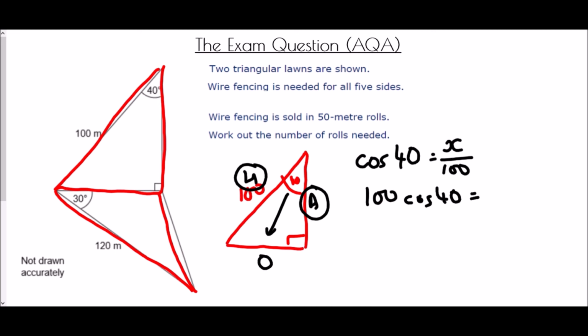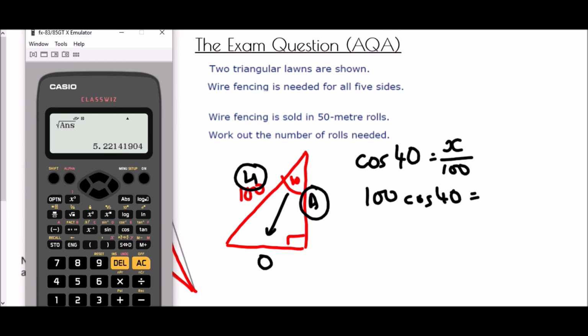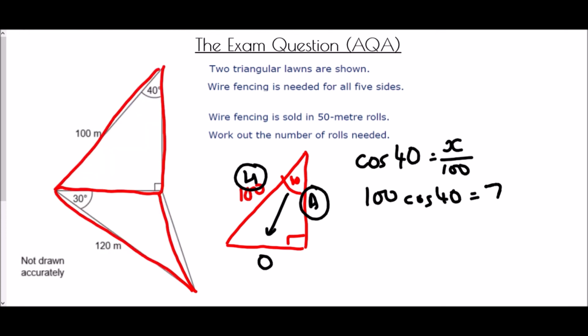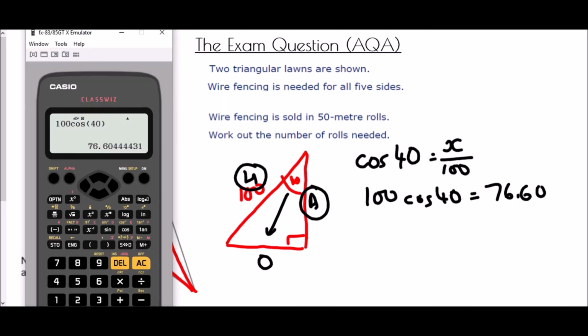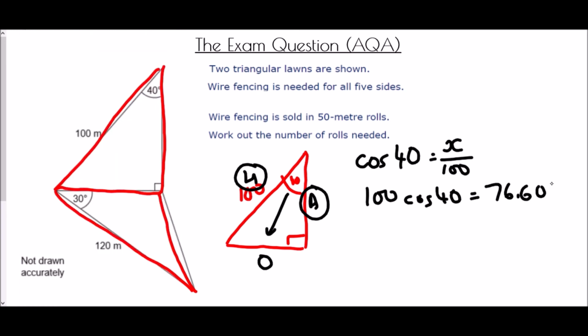And 100 cos 40, if we type it into the calculator, is 76.60. I'll go one more decimal place, 604. I'm just going for more decimal places to try to be as accurate as I possibly can. So straight away I can fill in that value as 76.604.